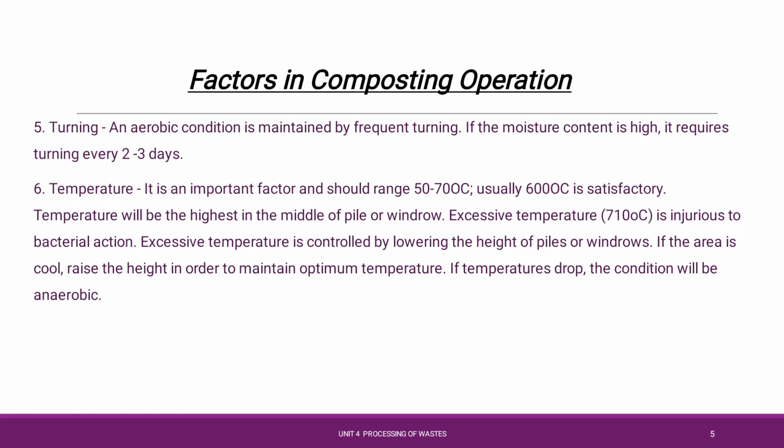If the temperature drops, the condition will become anaerobic, which causes anaerobic degradation and generates gases, bioenergy in the form of biogas. So to avoid this and to enhance the composting, proper turning and temperature maintenance is necessary.